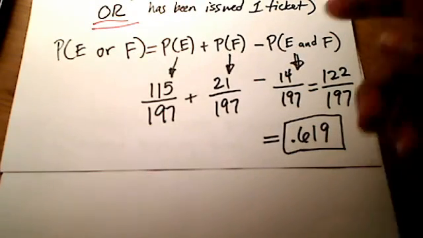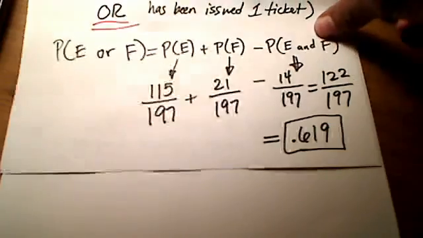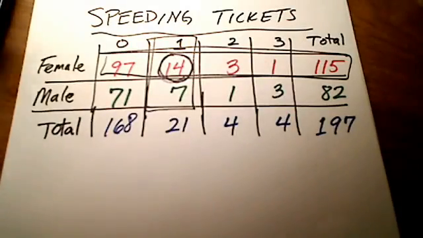So that's how you can use the general addition rule, and maybe a table like this, to figure out disjoint probability events as well as non-disjoint, or non-mutually exclusive, probability events.